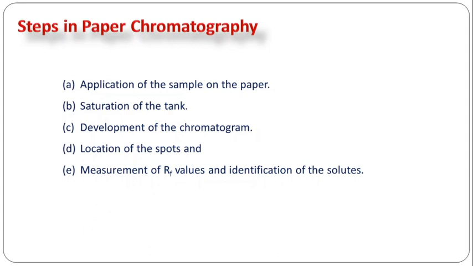Then location of the spots, that is, where the components are. Then measurement of RF values and identification of the solids. We will learn what RF values are, and the components are identified by various spectroscopic and physical techniques. Now we will see one by one how paper chromatography works.